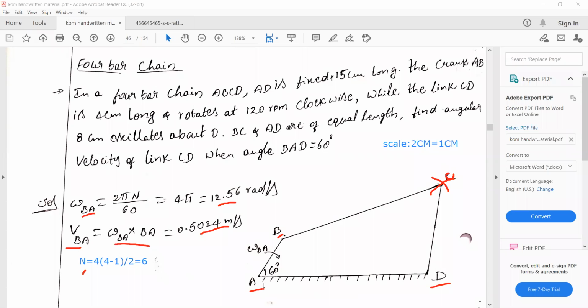Now we have to identify those instantaneous centers. Take the links: this is 1, this is 2, this is 3, this is 4. Four links are there.